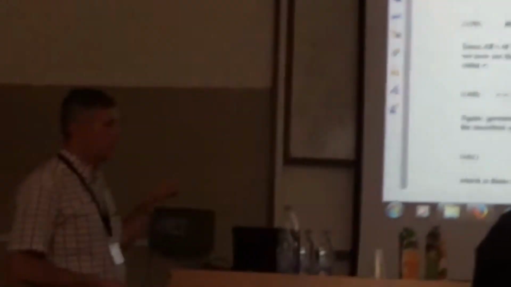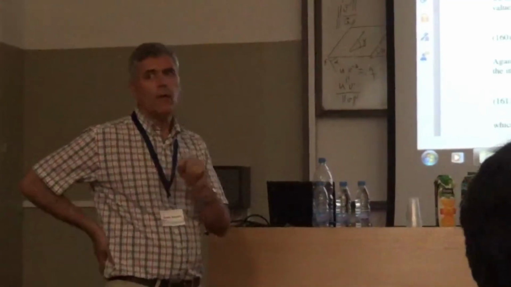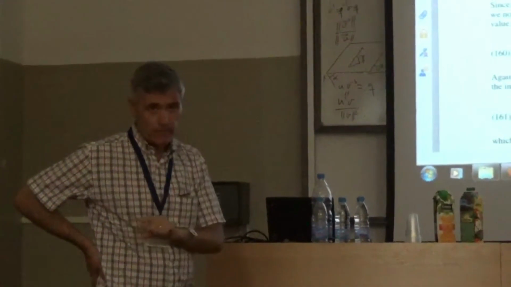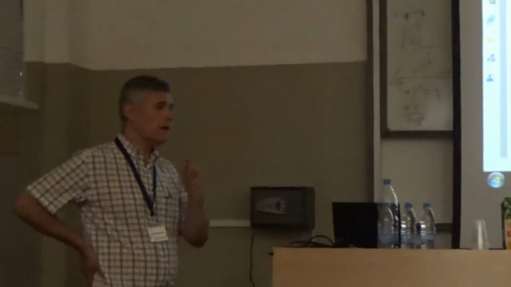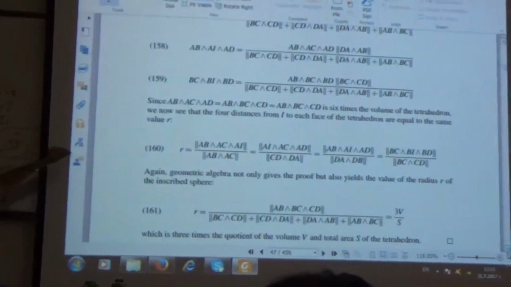But this is a problem, as I shall say later, also a problem of incompleteness of the geometric algebra of odd dimension. Because in the geometric algebra of even dimensions, all the isometries can be written in this way. Okay? All the isometries. But in even dimension. In the case of three-dimensional space, this is not possible.